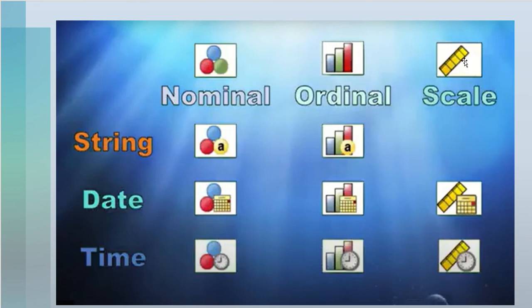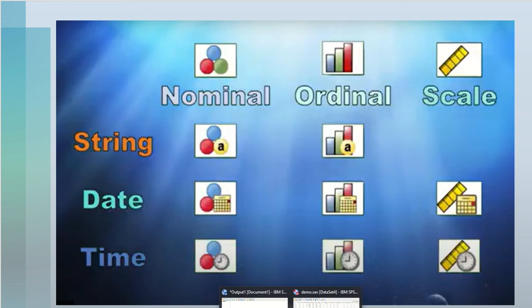And then the scale data is represented by this little ruler. If you have string data, meaning words, then you will usually have this little letter in it. And then date data would have the picture of a calendar over it, and data associated with time has a little clock in it.